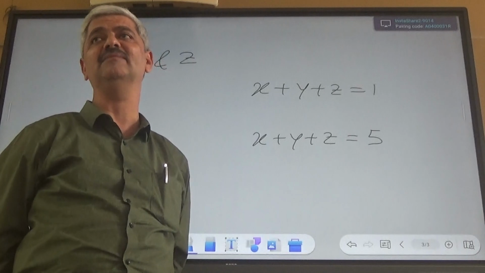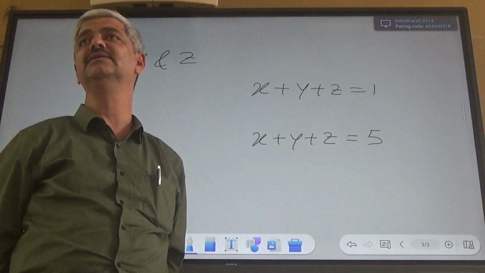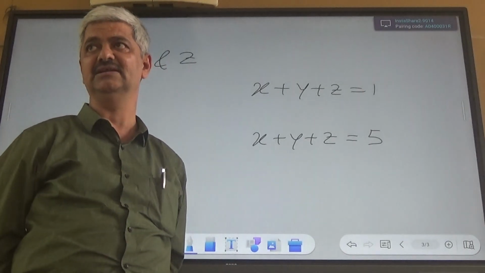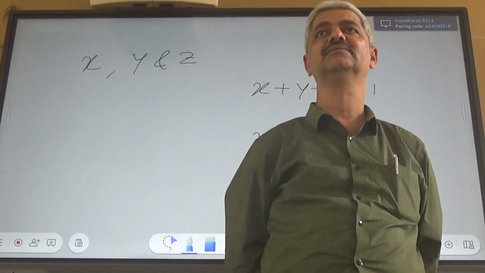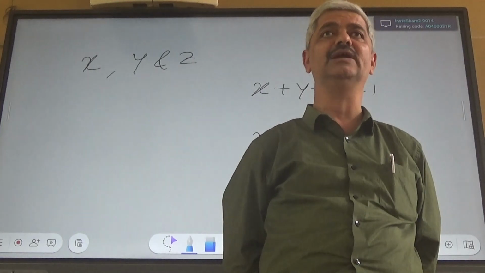If it is not a parallel plane, then they must intersect. So when they intersect, what will happen? When they intersect, we get a line.